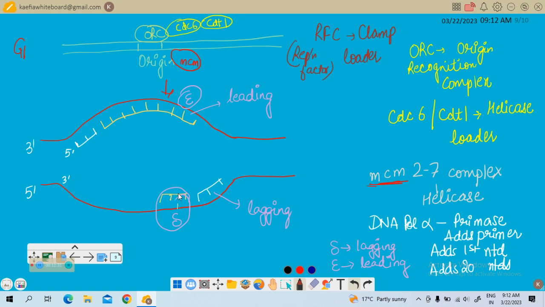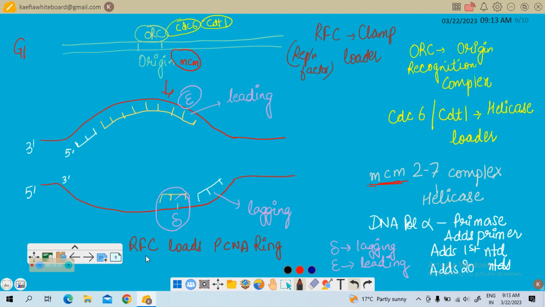So now what happens? RFC loads the PCNA ring. The PCNA ring is like a clamp.